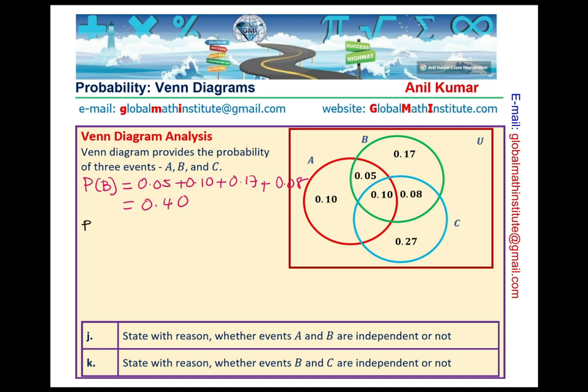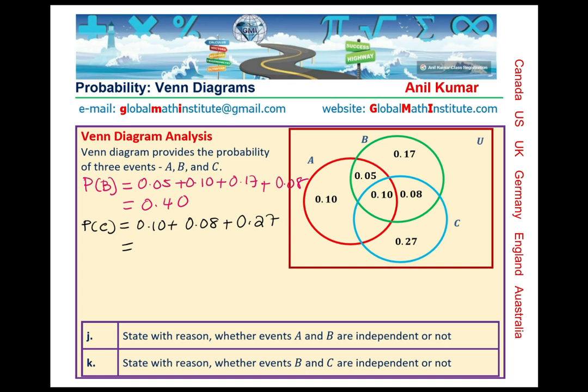Let's find probability of C, which is 0.10 plus 0.08 plus 0.27, right? That gives you 0.45, correct?